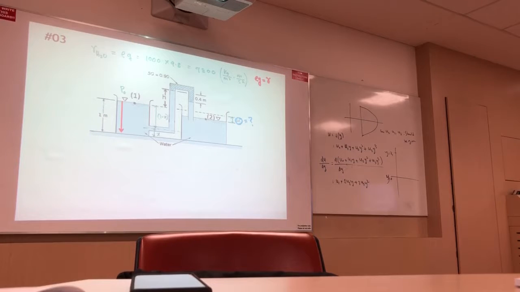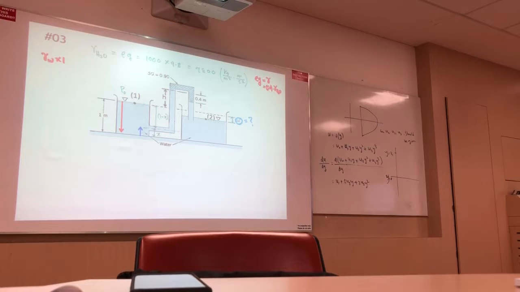Then I can write this one becomes specific gravity times gamma of water. Same thing, no problem. So from here to here, the red one, what is its value? Gamma of water times 1, right? Specific gravity 1.